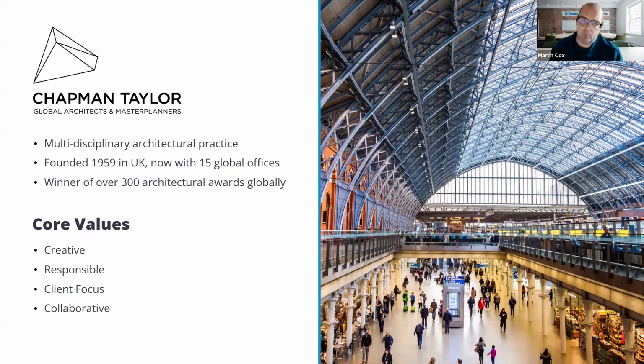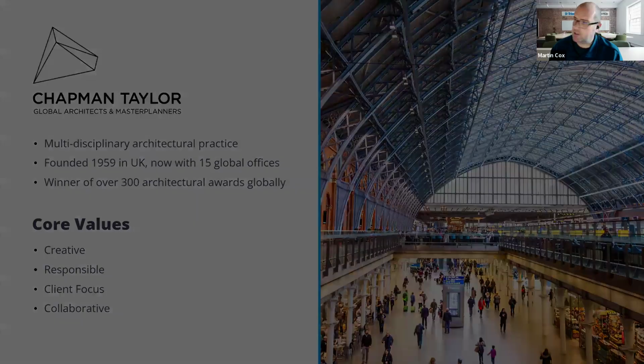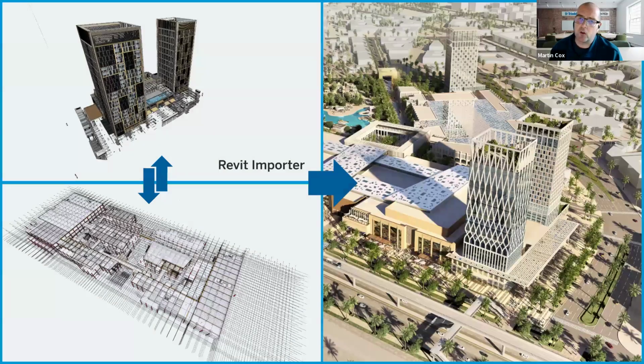And some of the examples that we have here, this was a project that they were working on. They had used SketchUp initially to create models of this particular hotel complex.